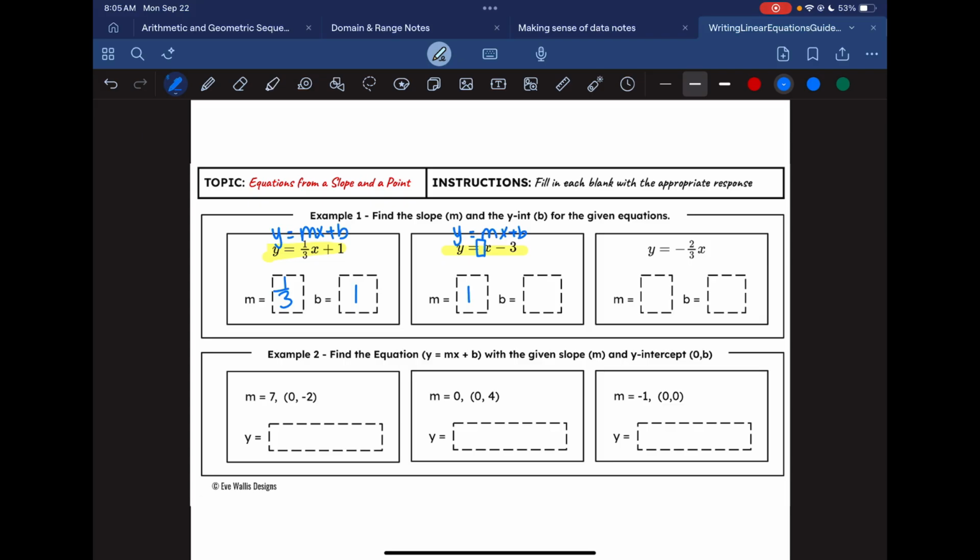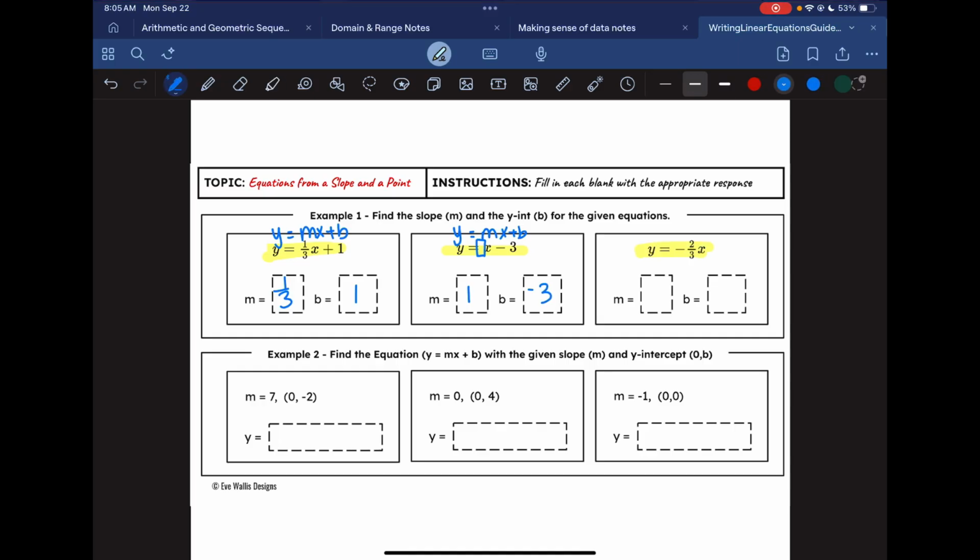It's an invisible 1 in front of the x. If you see negative x, that really means negative 1x. But if you see just x, that means 1x. Same applies for any other variable, a, b, c, y. If you don't see anything written in front of it, it's a 1. And then our y-intercept in this example is negative 3.